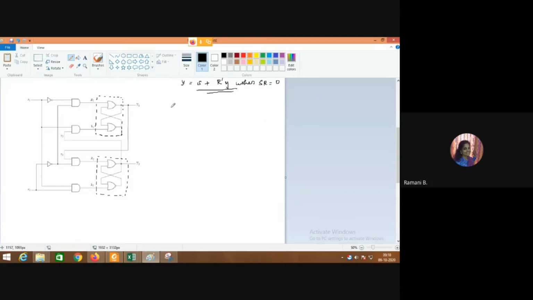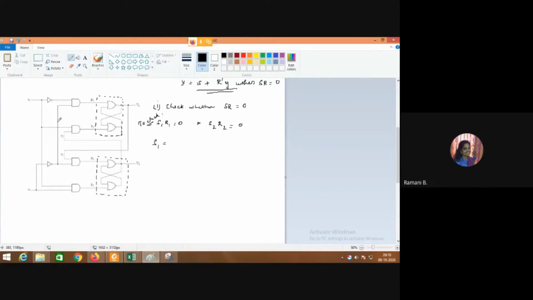As we have SR latches, before deciding on the function to use, let us check whether SR is equal to 0. For the first latch, let us check whether S1R1 equals 0, and for the second latch, S2R2 equals 0.